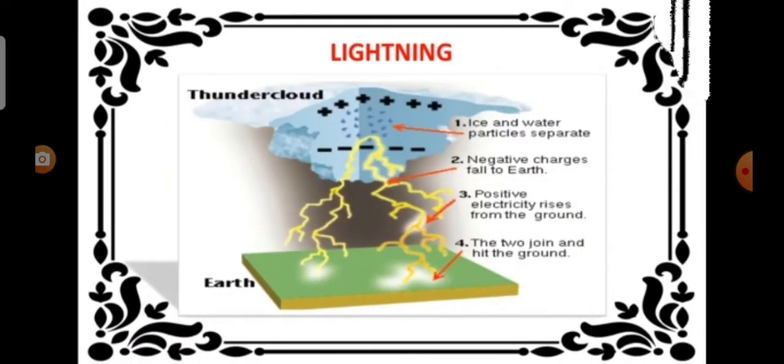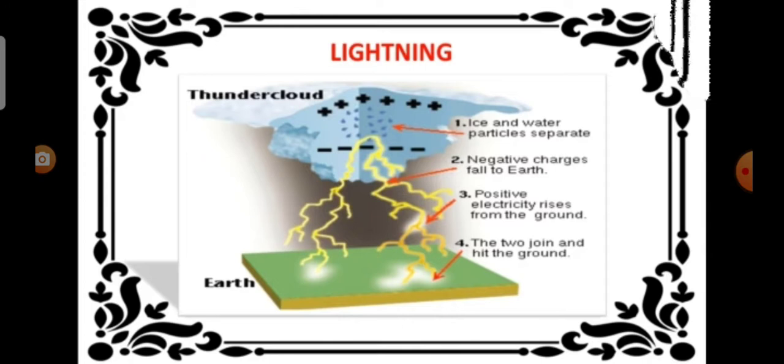Now we see about lightning. Lightning is produced by discharge of electricity from cloud to cloud or from cloud to ground. During a thunderstorm, air is moving upward rapidly. This air, which moves rapidly, carries small ice crystals upward. At the same time, smaller water drops move downward.